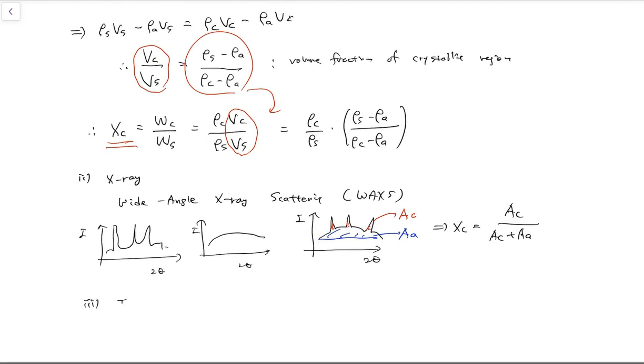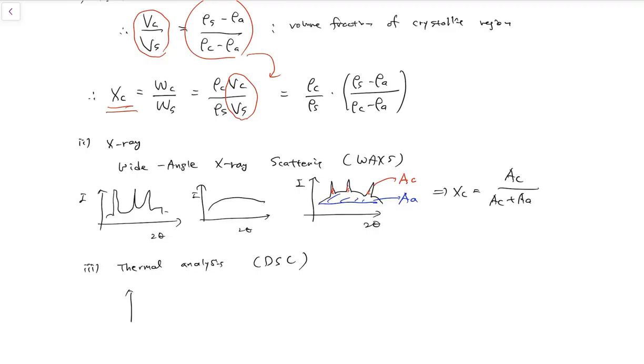Another, more common method is basically using thermal analysis, or using DSC, differential scanning calorimetry. I believe that you guys have done it in a basic experiment, right? So if you measure DSC as a function of temperature, you can determine the enthalpy change.